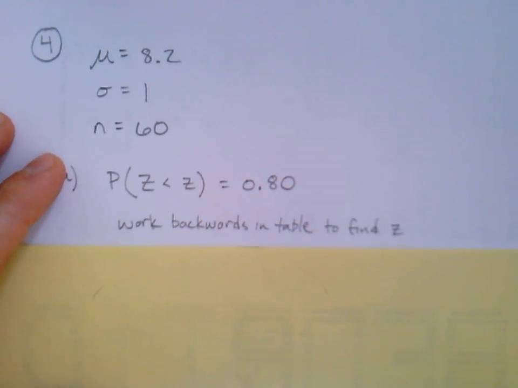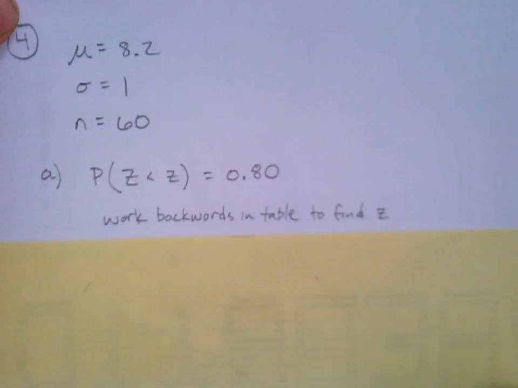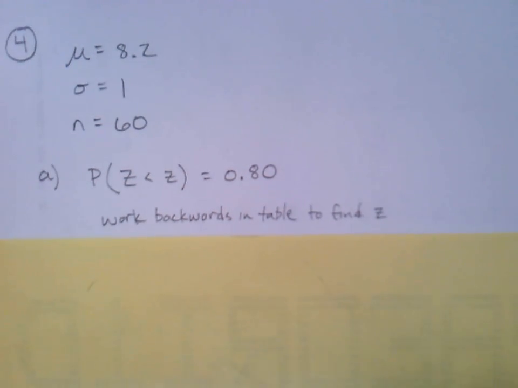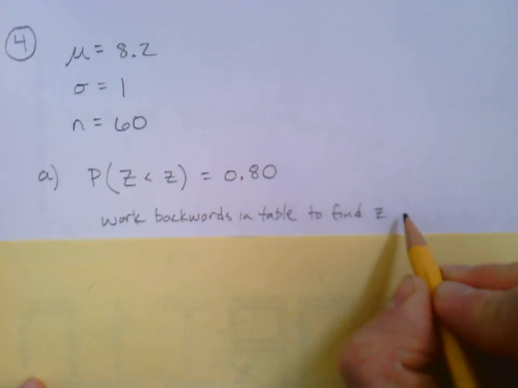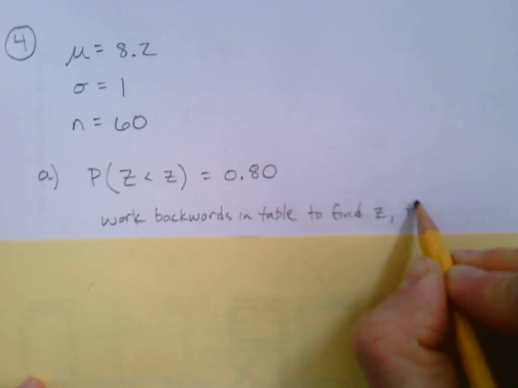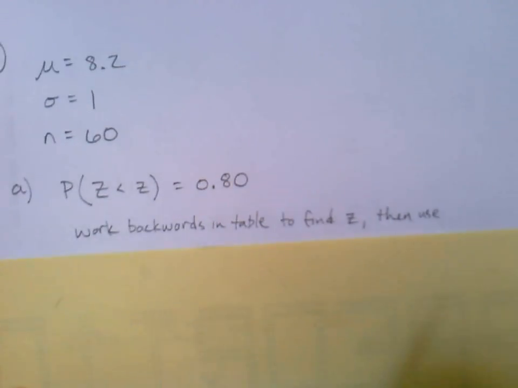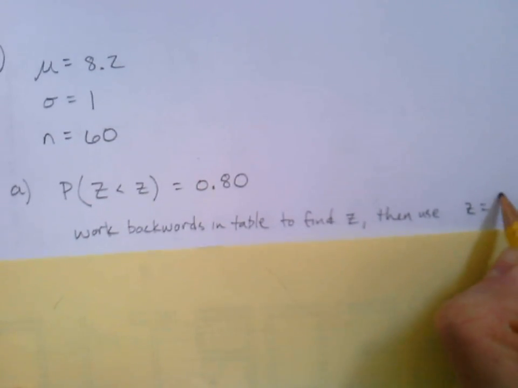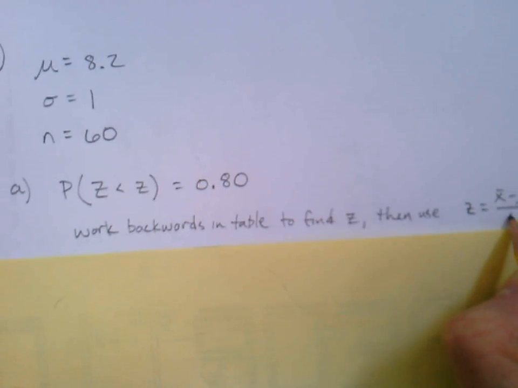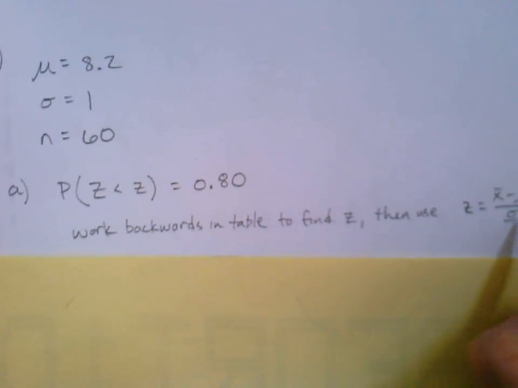So work backwards in the table to find z. And once we have z, just to give you an idea of how this problem's going to play out: once we know what z is by working backwards in our table from 0.80, then we're going to go with our formula, z equals x bar minus mu over sigma over the square root of n.